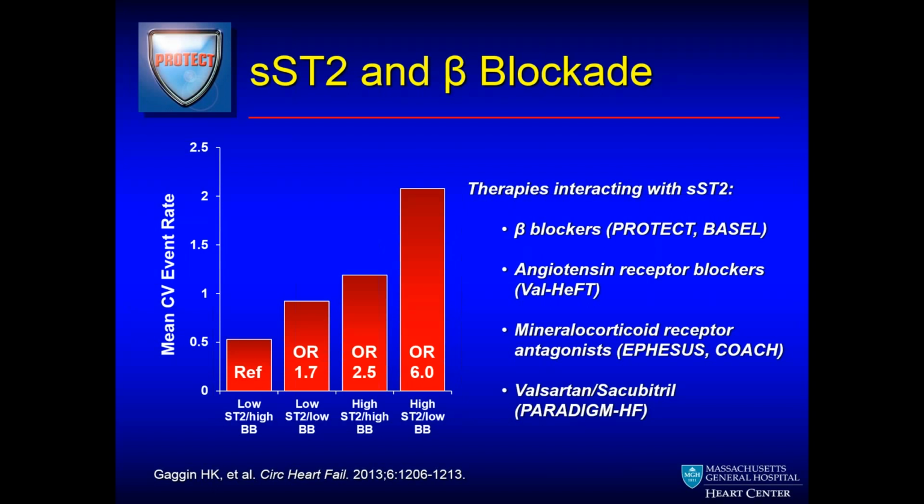There are other studies that have shown that other therapies reduce ST2 values and reduce their risk. I've already shown you the data from the VALHEFT study. Mineralocorticoid receptor antagonists such as spironolactone and eplerenone reduce ST2 concentrations and reduce risk. And importantly, recent data from the PARADIGM study show that sacubitril valsartan, or Entresto, reduces ST2 values as well.